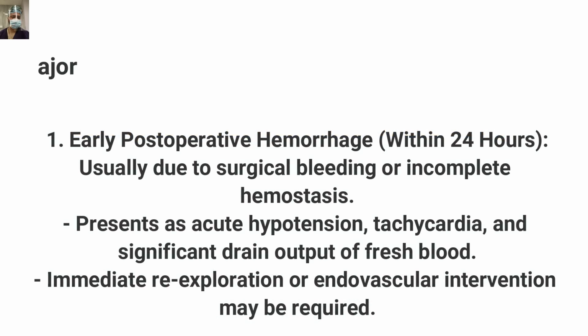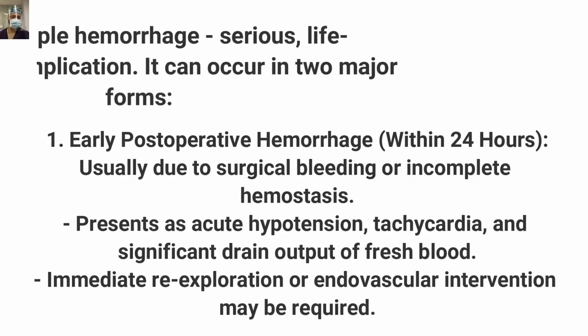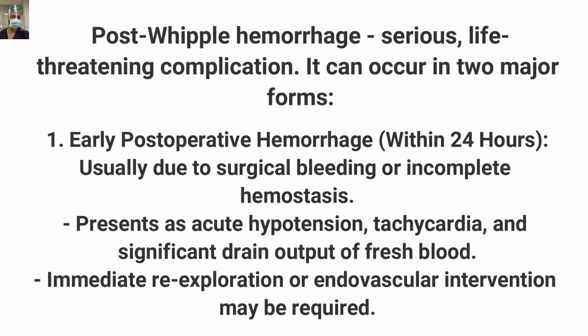Post-Whipple hemorrhage is basically of two types, early and late. The early hemorrhage occurs within the first 24 hours after the surgery, and it is usually due to surgical bleeding or incomplete hemostasis. This is a technical failure, meaning that as a surgeon one has failed to ensure adequate hemostasis. We should always try to avoid this complication.